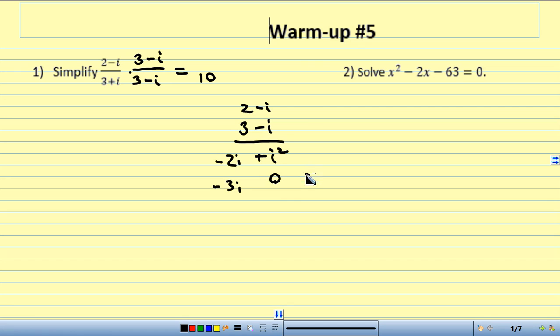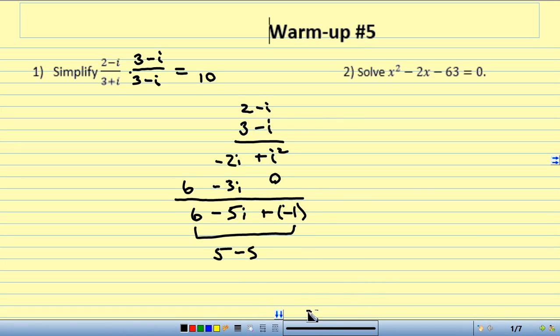And then 3 times 2, which is 6. So we have 6 minus 5i plus i squared. Now remember that i squared is negative 1, so plus a negative 1, these two can be combined: 5 minus 5i.